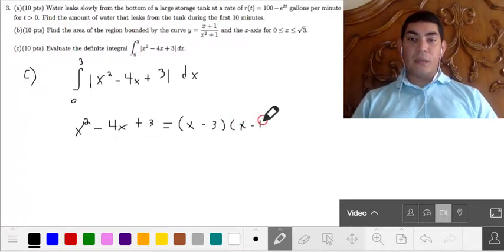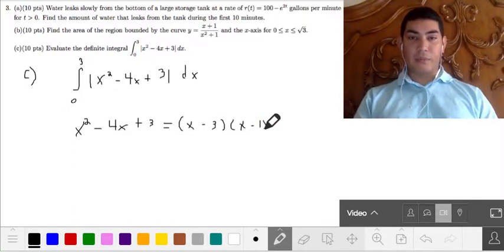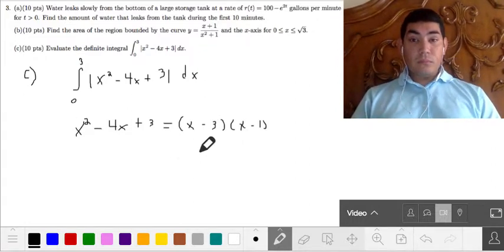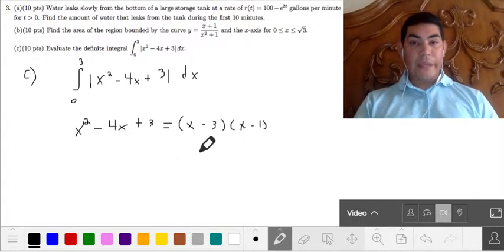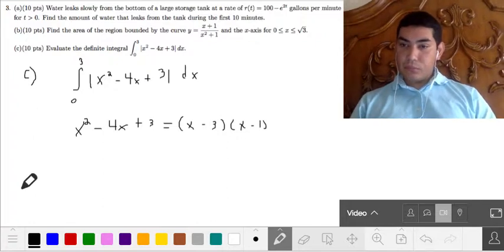And that will be the same as x squared minus 4x plus 3. So here we know that this function is going to cross the x-axis at 3 and at 1. So we can separate this function into two parts.